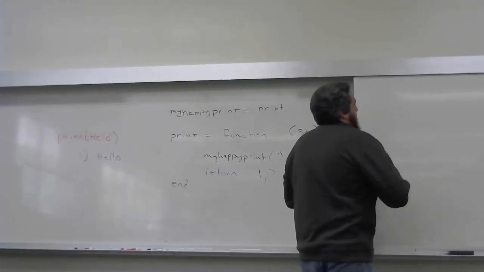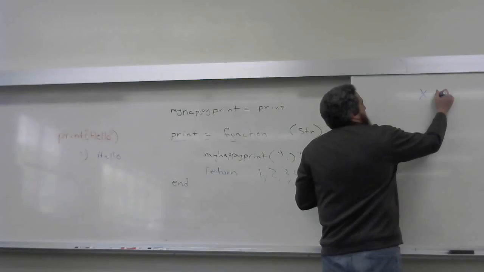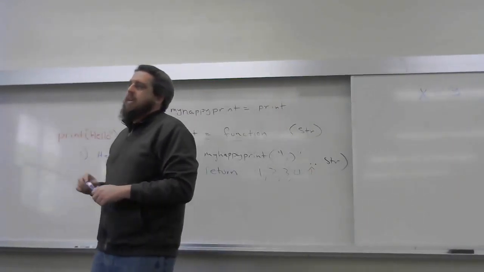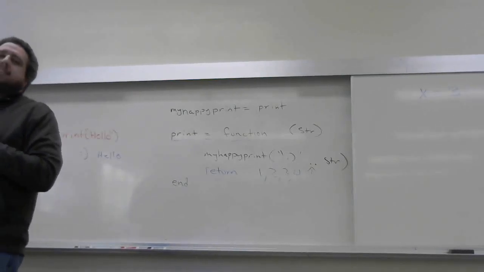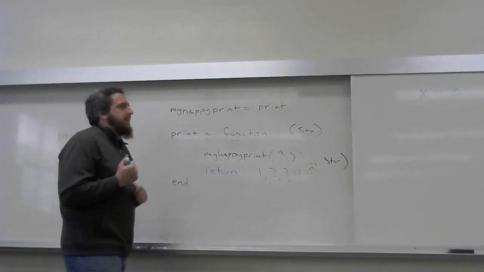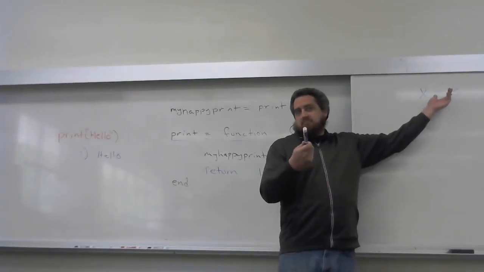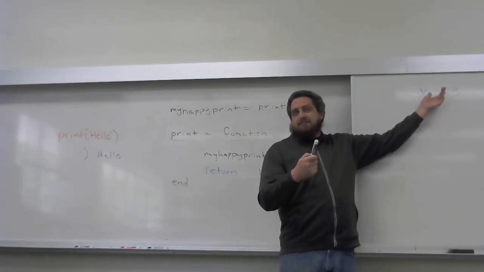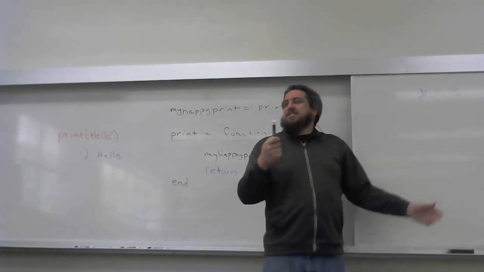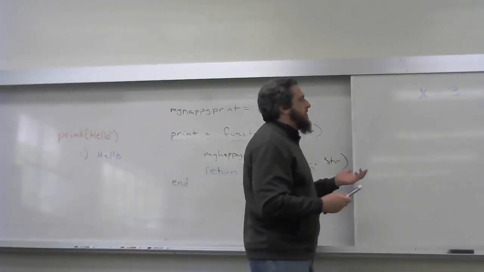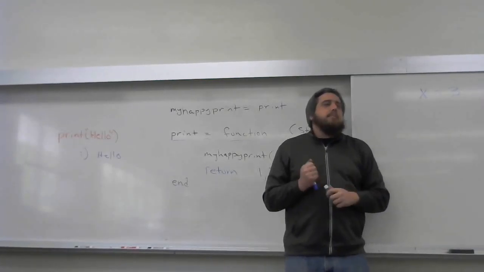I can say, for example, x equals 3. When I say x equals 3, that value 3 has a type. What is the type of that value? So it's a number, right? Are you looking it up? No? Good. Lucky. We think about it as an integer because that's the way we think in programming languages. For Lua, that's just a number.